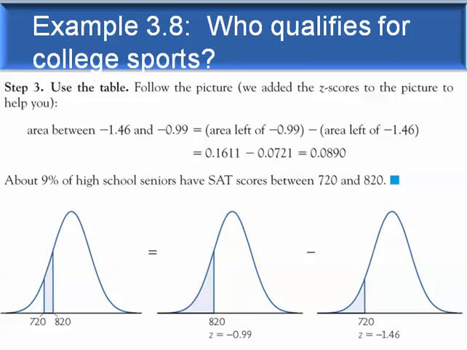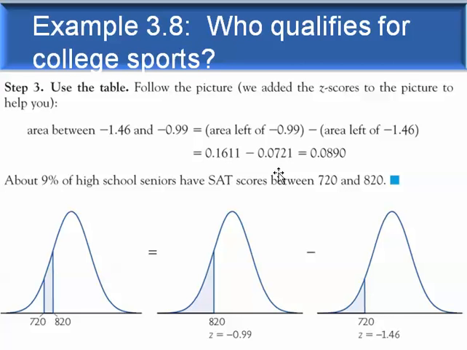The next step is to go back to table A and look up the values for 820, which standardized to negative 0.99, and 720, which standardized to negative 1.46. The area between those two numbers is going to be the area to the left of negative 0.99 minus the area to the left of negative 1.46. As we look those numbers up in table A, to the left of negative 0.99 was 0.1611.